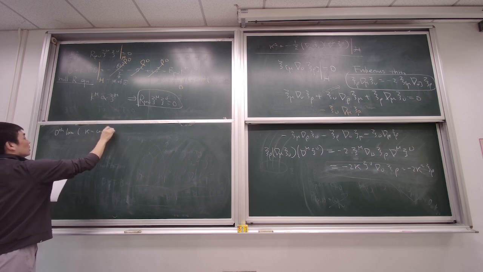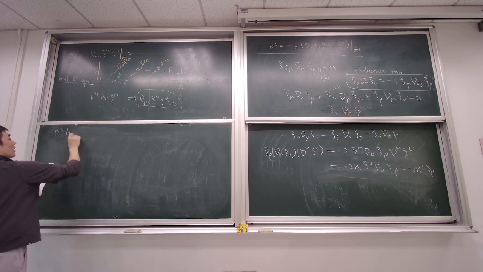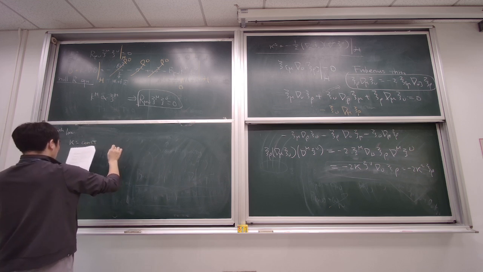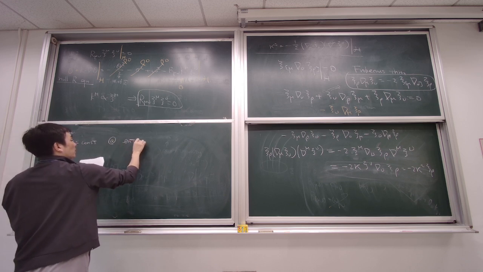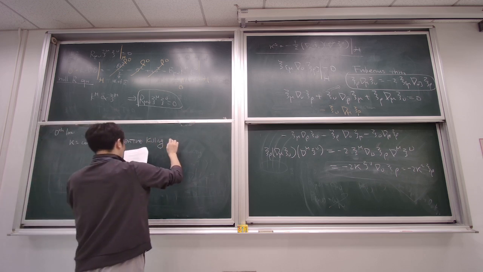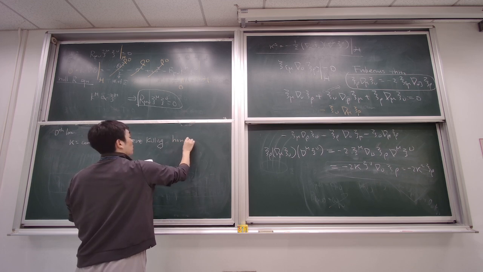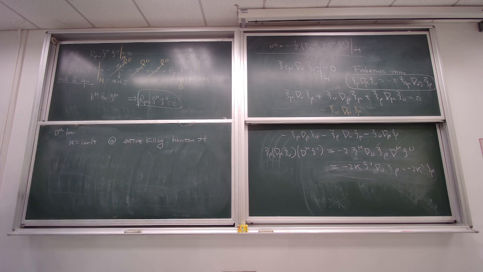Okay, so the statement is the surface gravity kappa is equal to constant at the entire Killing horizon H. So that's the zero slope. Let's prove that.